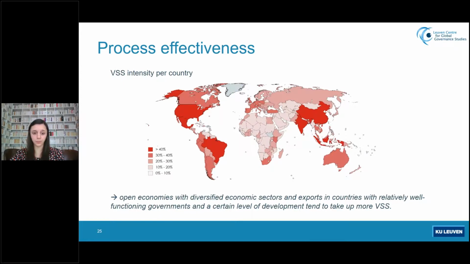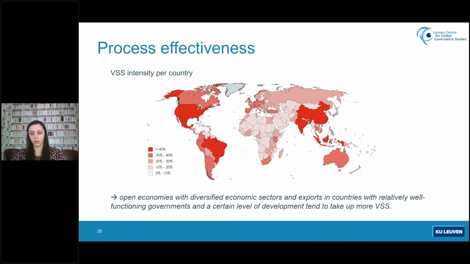But looking at how many VSS a country counts on its territory doesn't really say much about how widely these VSS are used within the territory, how many entities are certified, or how large the certified production area is. So for this, we can also have a look at how many certificates are issued by VSS.